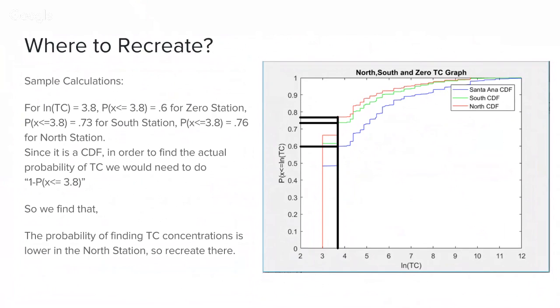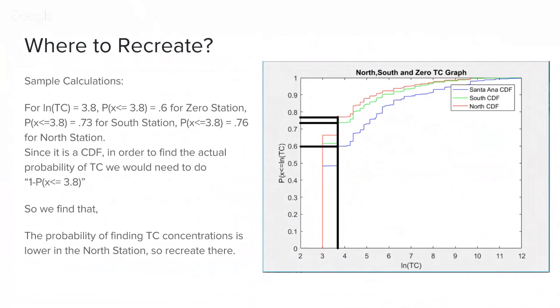So for the 0 station, you have a 60% chance of finding concentrations that are less than 3.8. If you want the probability of the concentration being more, it's 1 minus the probability of x less than 3.8. So there's a 40% chance of actually exceeding that concentration.